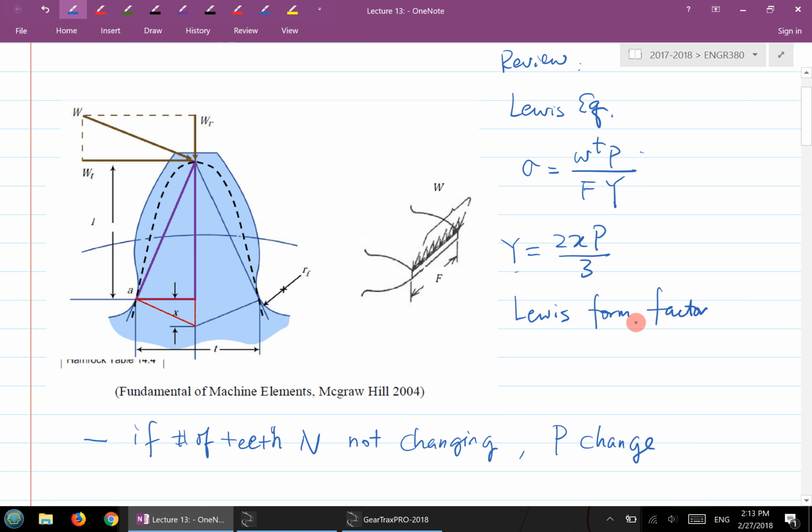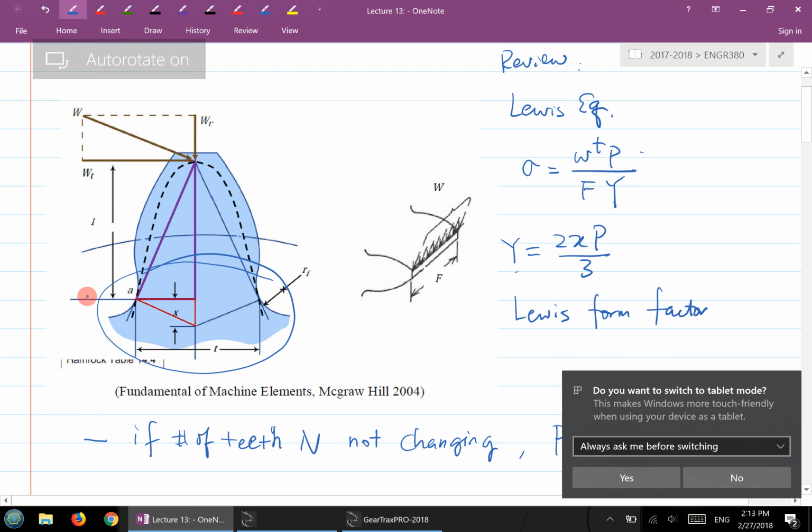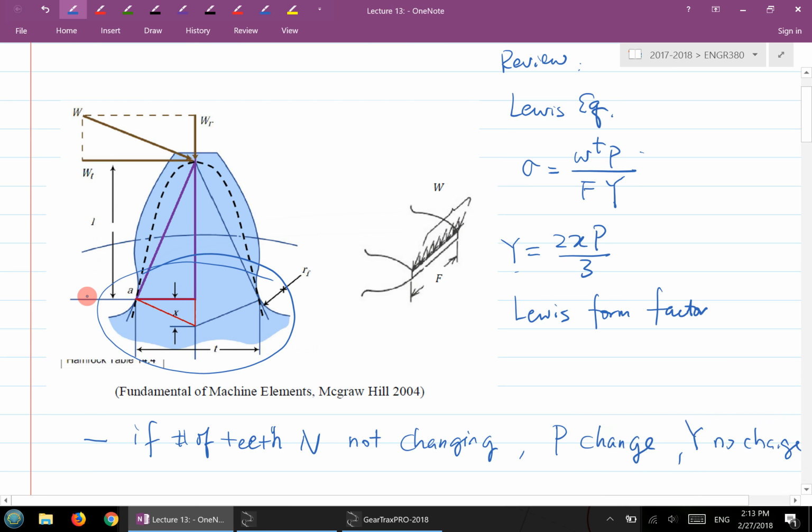If the form does not change, then this Y will not have any change. Y here is 2xP over 3, so it is directly related to the geometrical form. If there's no change in the geometrical form, then the Y value will not change. So that's one relationship in terms of N, P, and Y.